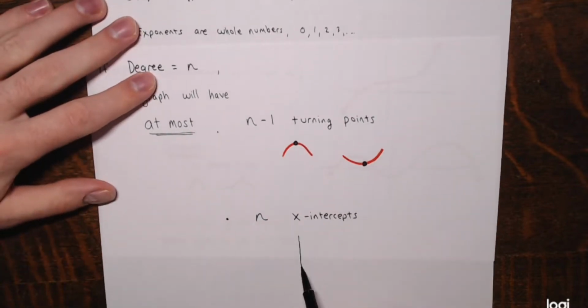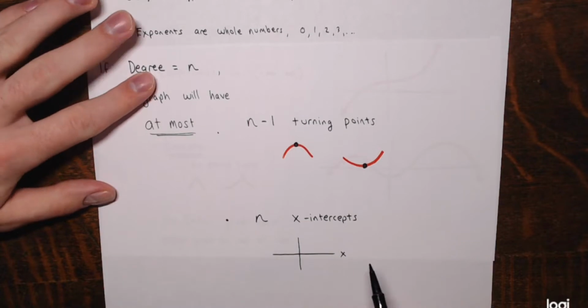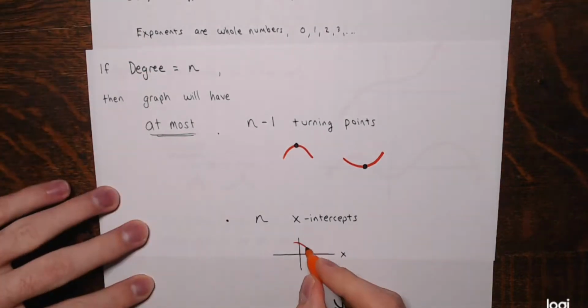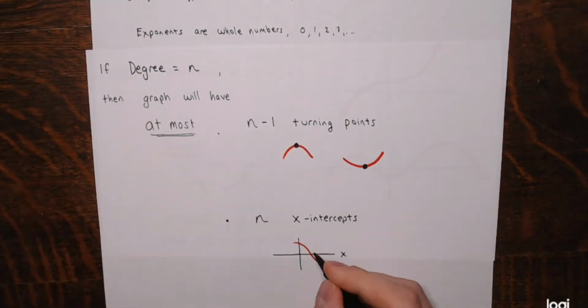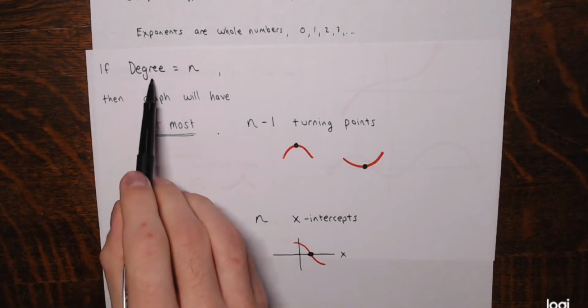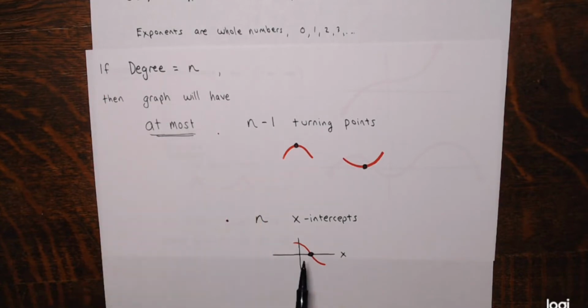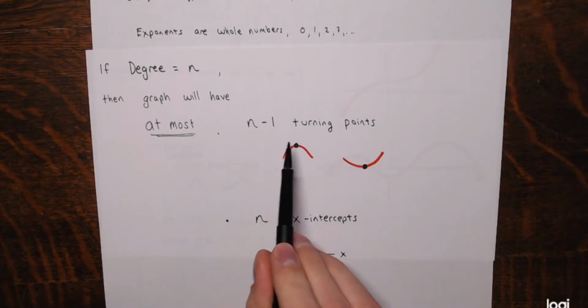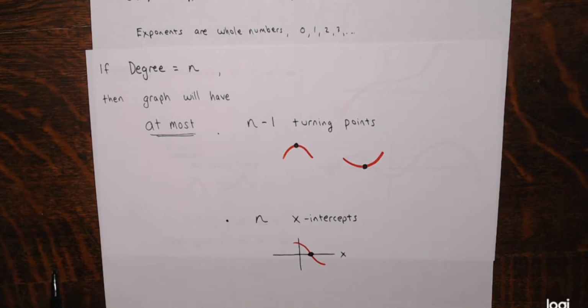And remember, x-intercepts when you're graphing are just points on the x-axis, so like this point here. So again, if it's a degree n polynomial, it won't have more than n x-intercepts, and it won't have more than n minus 1 turning points. So keep that in mind. That's all you need to really know for this objective, I believe.